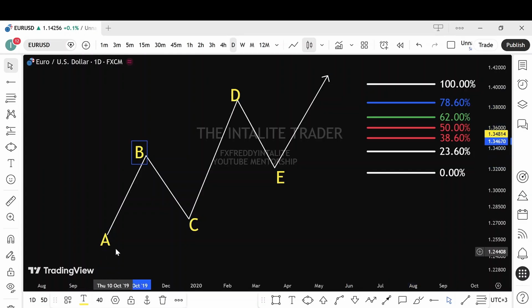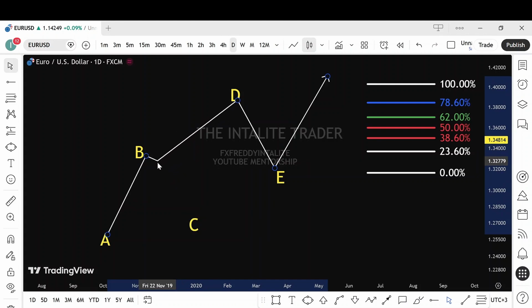This is a swing low and this is a swing high. The lowest swing to the highest swing. Why? Because price is pulling back. We are measuring this pullback move.